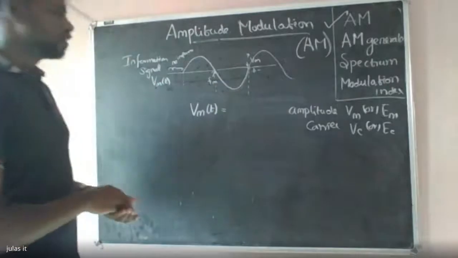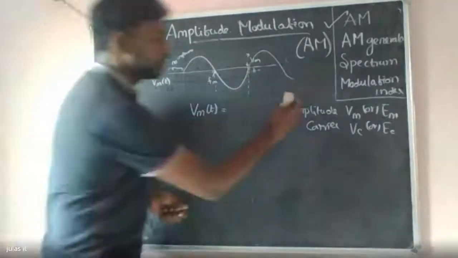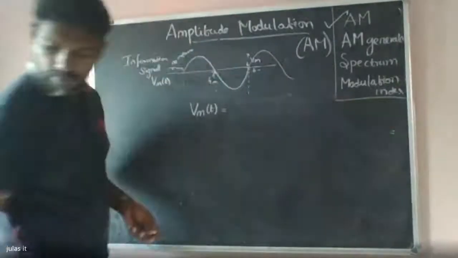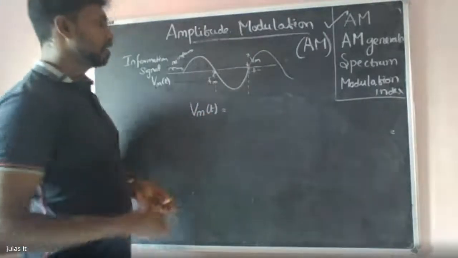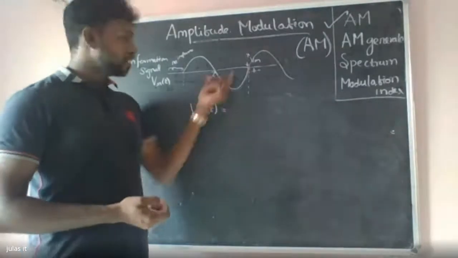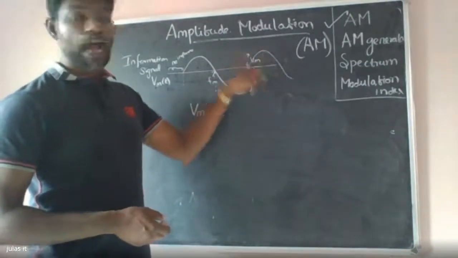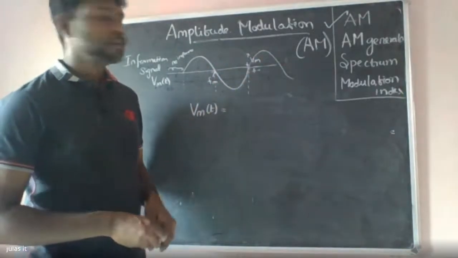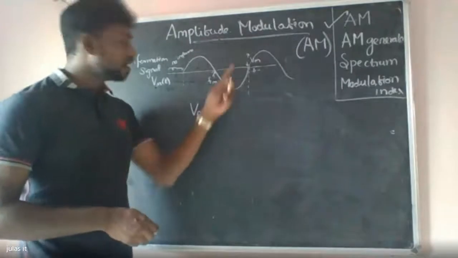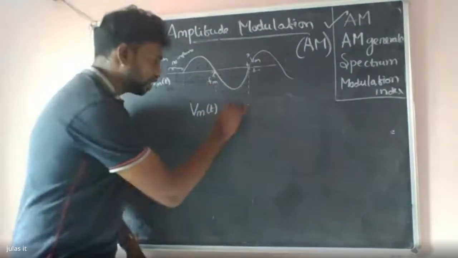Now, if you see the equation Vm of t, whenever you are writing a signal as an equation, first you must note what the amplitude of the signal is. The amplitude is Vm.